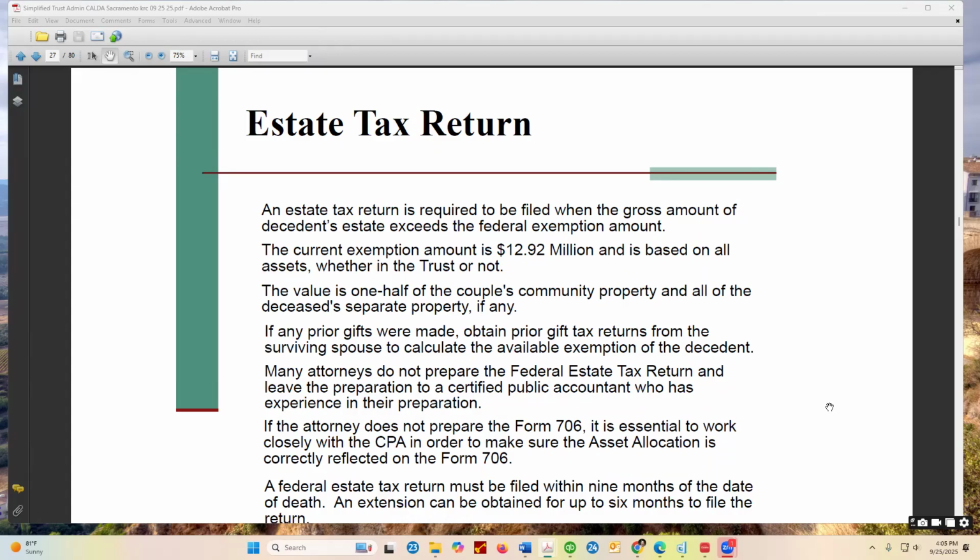These returns are quite rare right now because the average person doesn't have that much money. So there's a lot in the law and estate and trust seminars, lengthy hours-long explanation of this tax return and how the tax works and all the interactions.